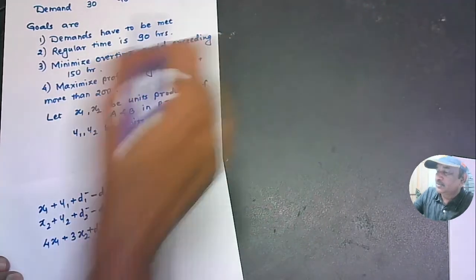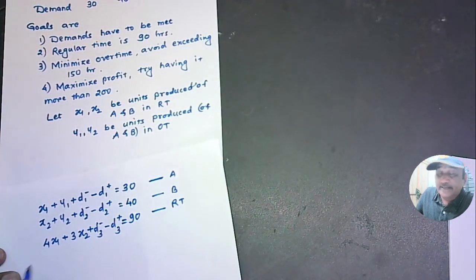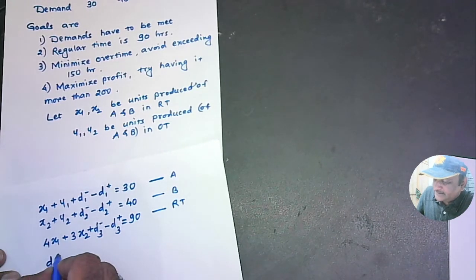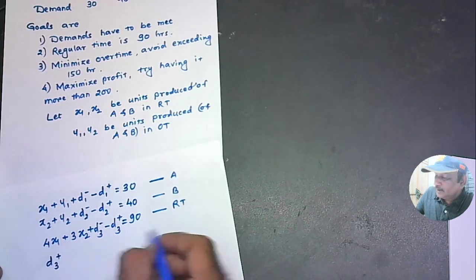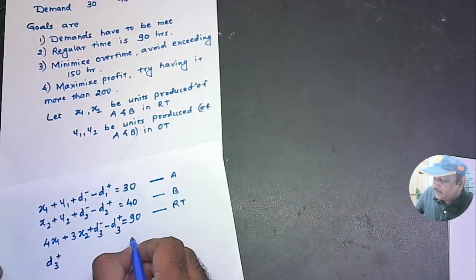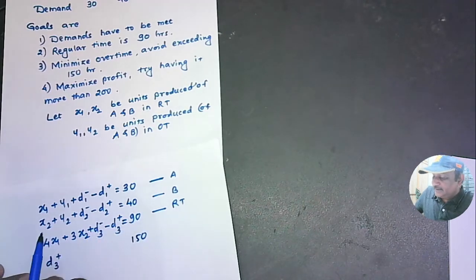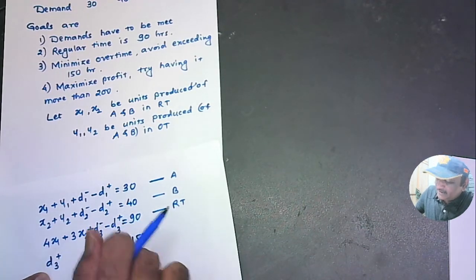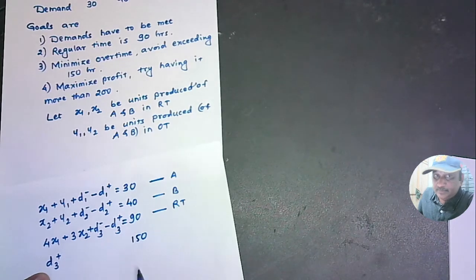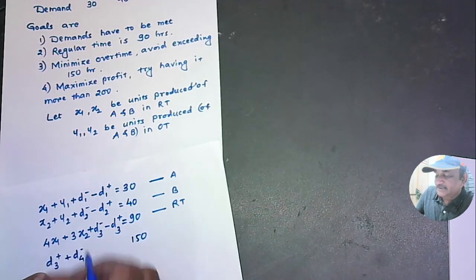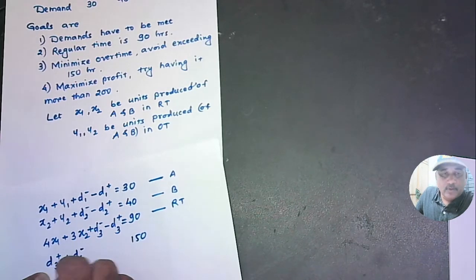Okay, and I want to limit that overtime to 150 hours. So d3 plus is the overtime. On the right hand side, I have the 150 hours limit. So d3 plus could be less than 150, or it could be greater than 150. If it is less than 150, then it will be less by d4 minus extent, underachievement of overtime.